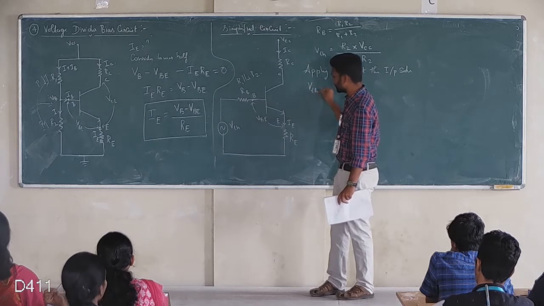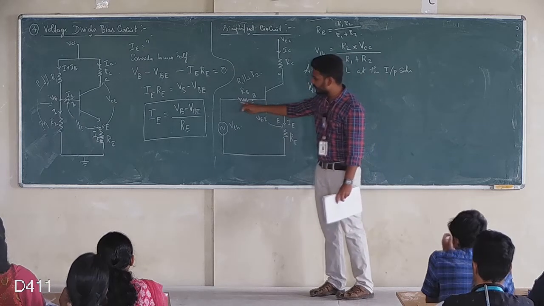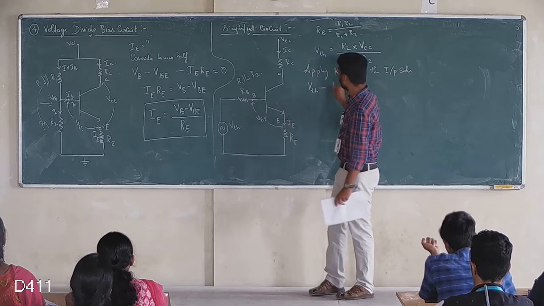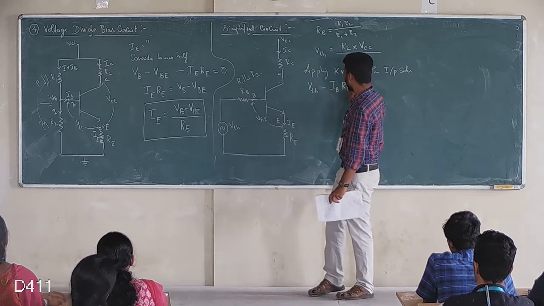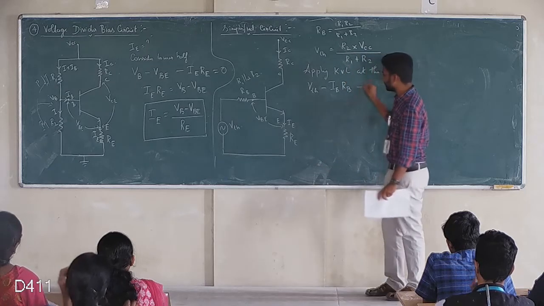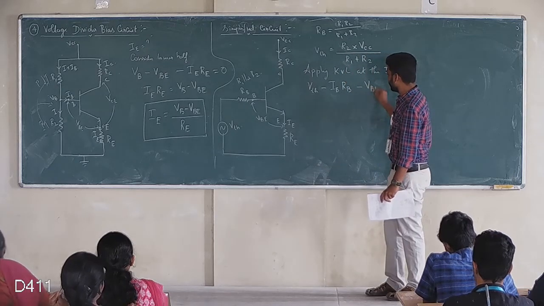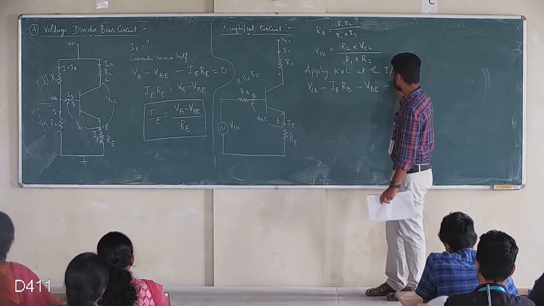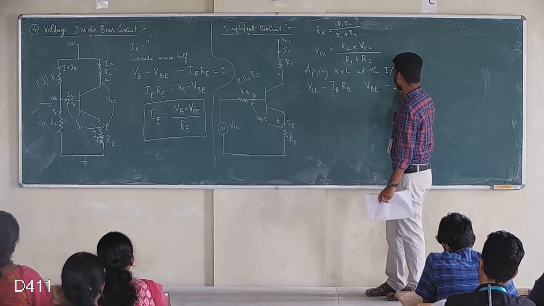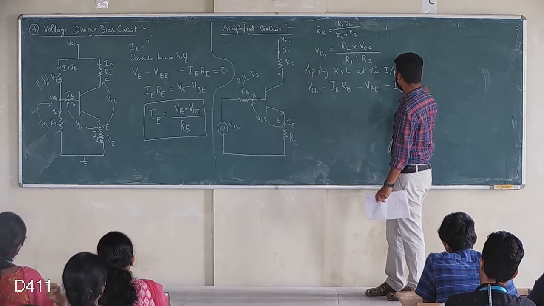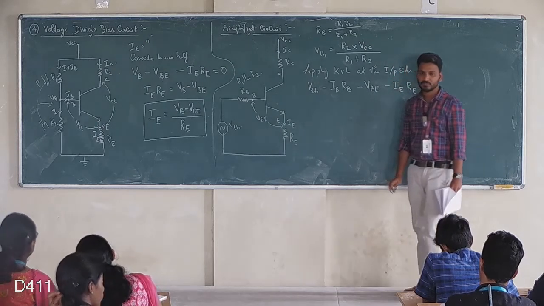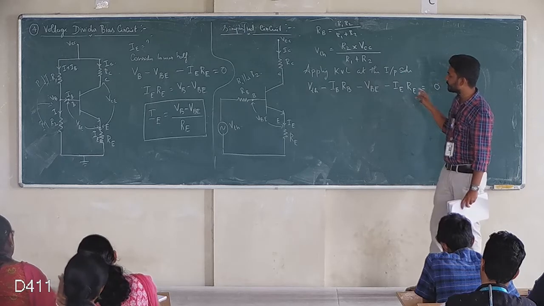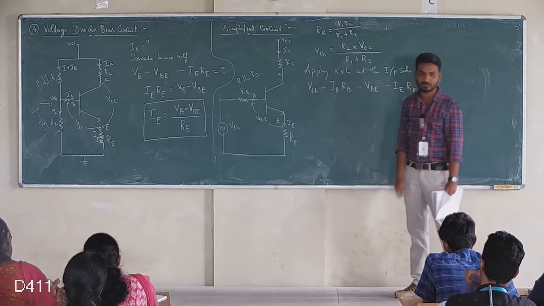VTH minus IB RB minus VBE minus IE RE equal to 0. Clear? Next, substitute this value in this.